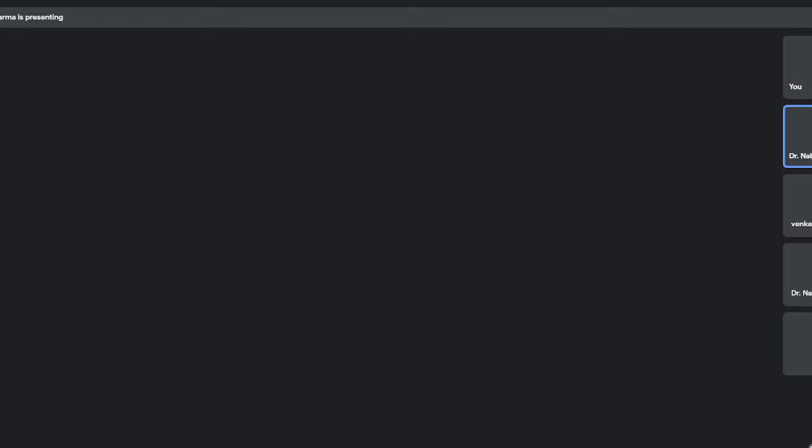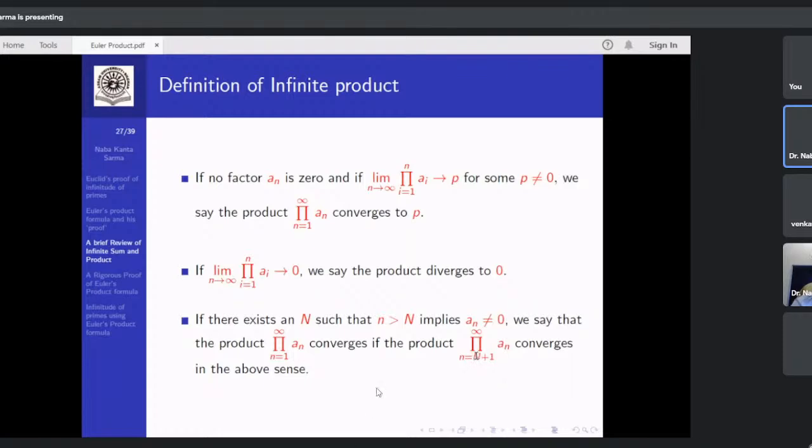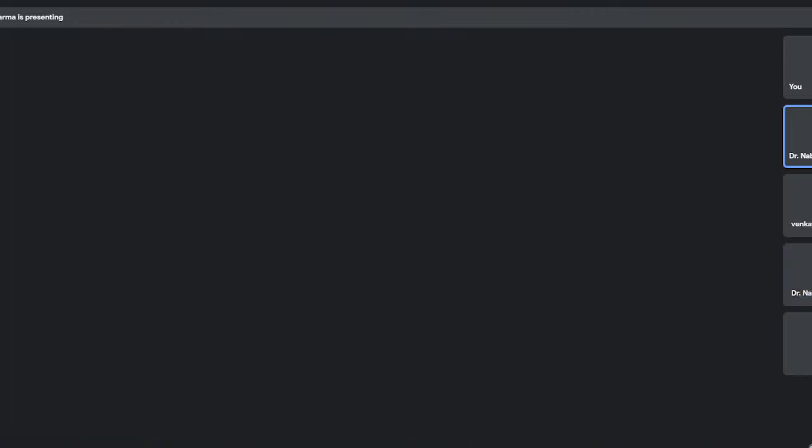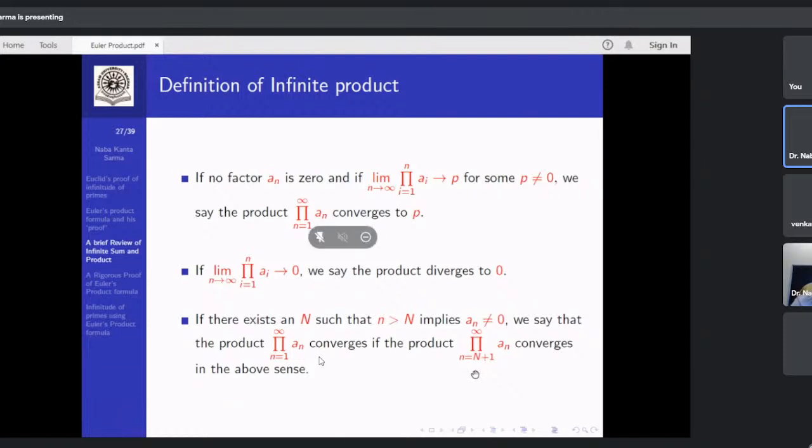In that case we will define this product in terms of another product. The first N terms we will ignore, and we will consider the product of a_n from N plus 1 to infinity. If this product converges in the above sense, meaning none of the terms is 0, and it converges to some non-zero number, we will say that this product converges. Or if it converges to 0, we will say that this product diverges. But then you can question, we are not willing to define this product.